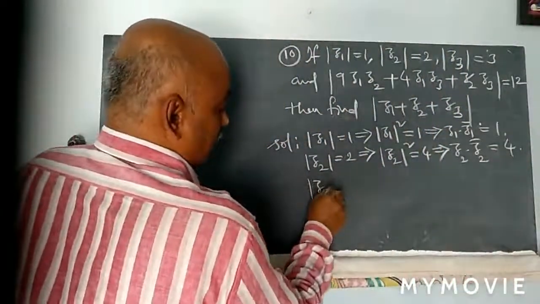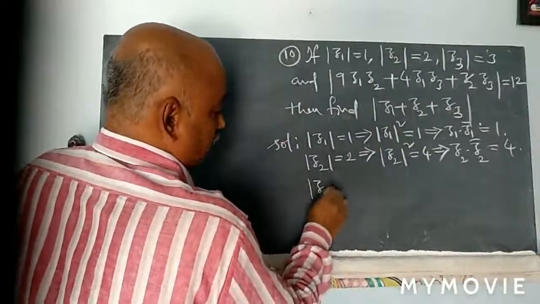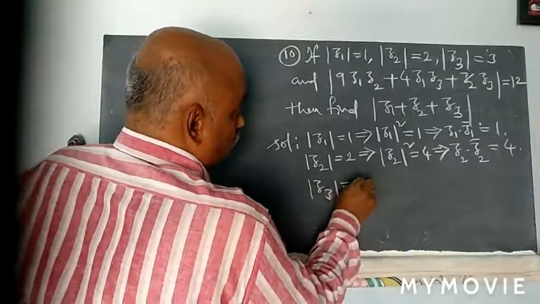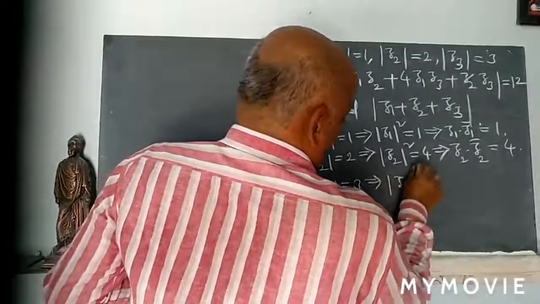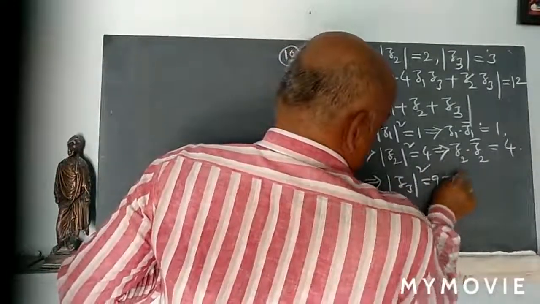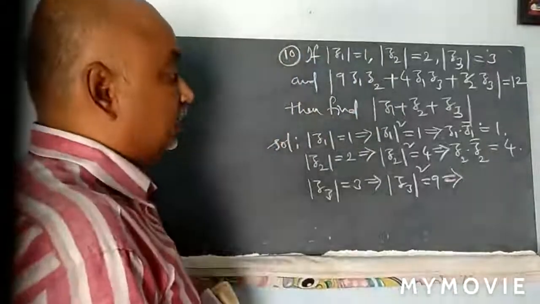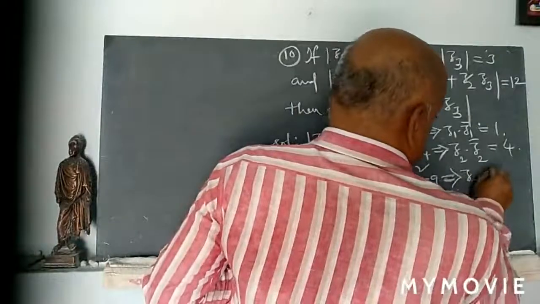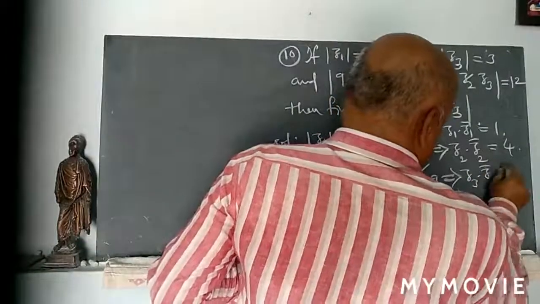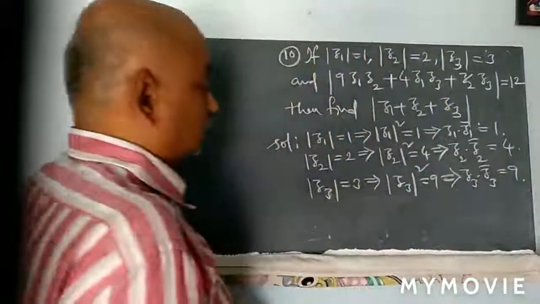Similarly, |z3| = 3. This implies |z3|² is equal to 9. This implies z3 into z3 bar is equal to 9.